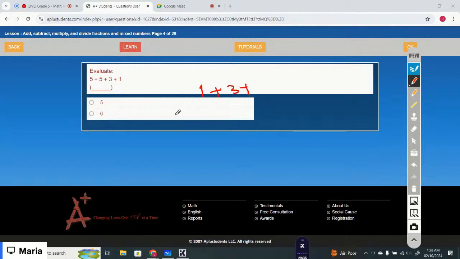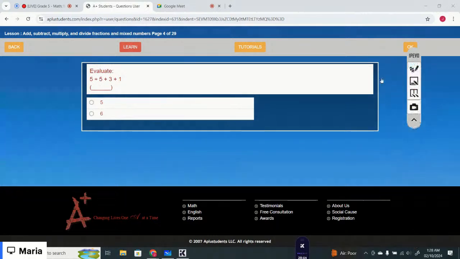Now you can add: 3 plus 1 is 4, plus 1 is 5. Option number 1 is the correct option.